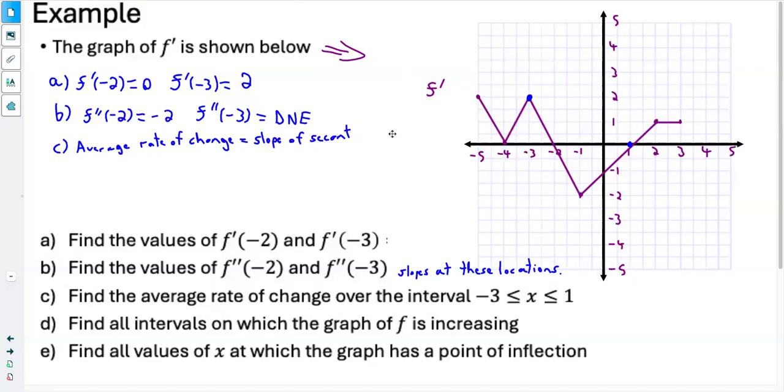So now, of course, we want the slope of this line here.